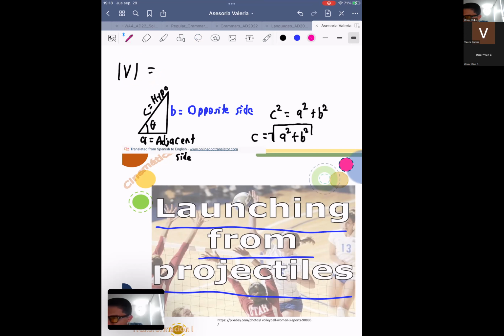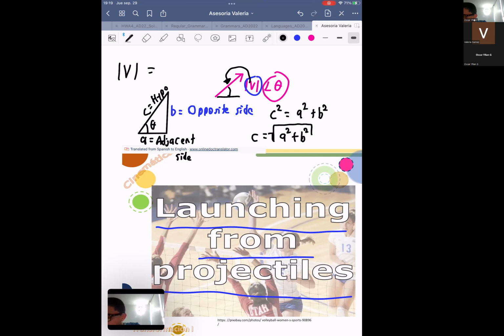For getting the magnitude of a vector, remember a vector is just an arrow that has a magnitude and a direction, which is an angle. This is the magnitude, and this is the angle, the direction. We represent the magnitude as the length of the vector, and the angle is the direction.